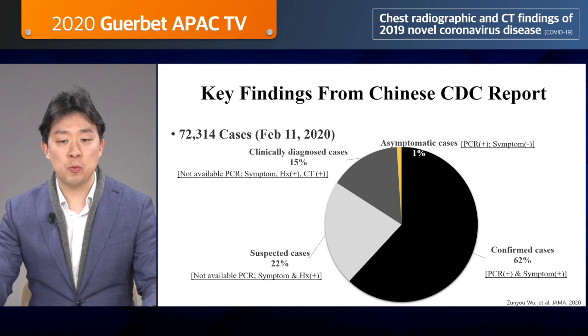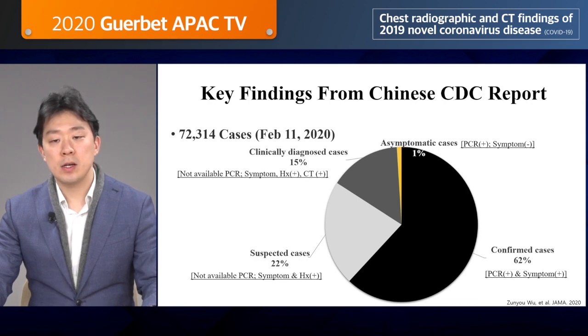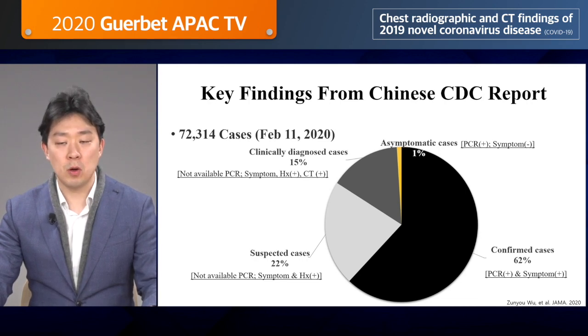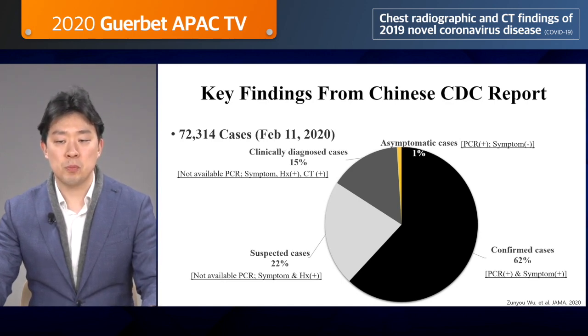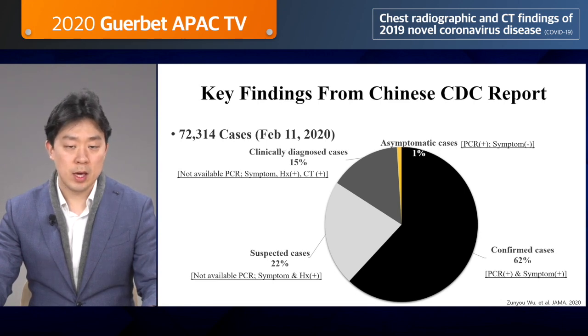Among the patients with COVID-19, 62% were diagnosed with PCR assay and symptoms, and the remaining 37% were either suspected or clinically diagnosed cases without PCR assay. PCR assay was not available in all cases. We can take into account the characteristics of the early outbreak of COVID-19 that spread very promptly.